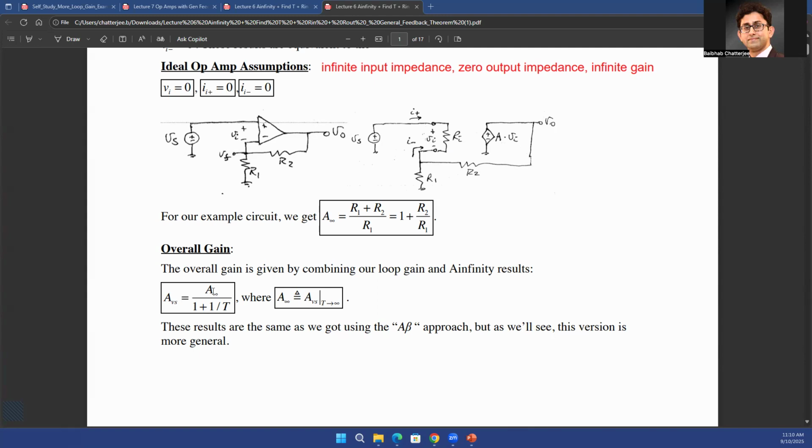If it were an ideal op amp, that's in the numerator, divided by 1 plus 1 over T, where T is the loop gain that you just calculated. That's A times beta. And all you needed to do was to calculate beta, keeping in mind that there is a finite input impedance and a non-zero output impedance.